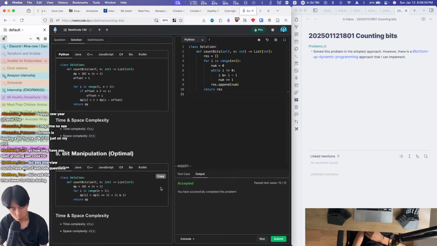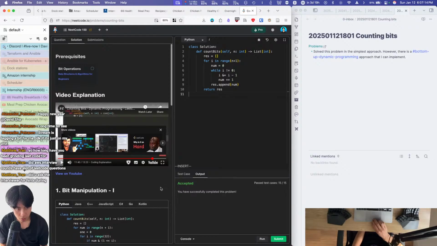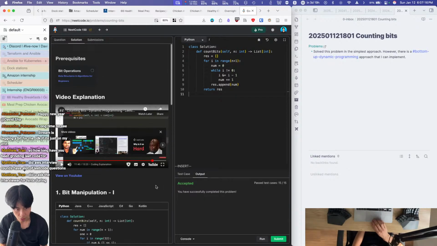It would be O of n space, no? How is space complexity of O of 1 and a time complexity is O of n? I would assume that space complexity is O of n here. So very interesting how that's the case.